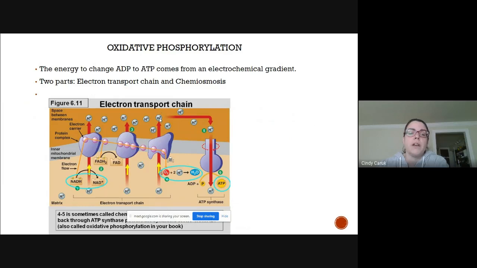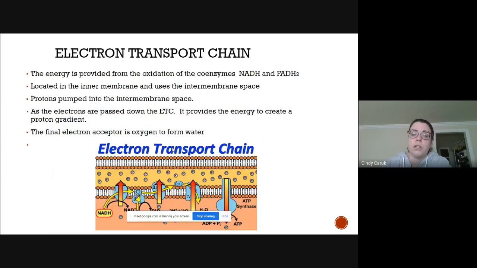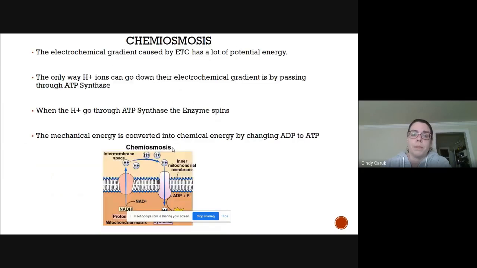All of these hydrogen ions are also positively charged, so they can't go through the phospholipid bilayer. They need a transport protein, and that's going to be ATP synthase. At the end, the electrons are picked up by oxygen to make water.